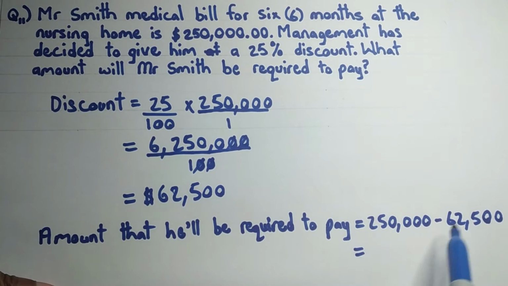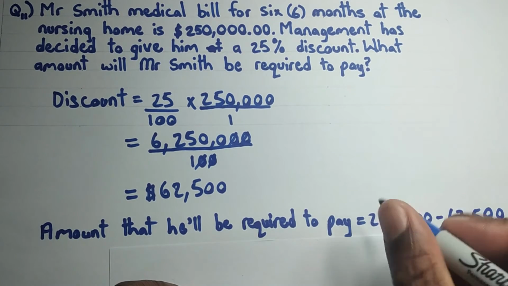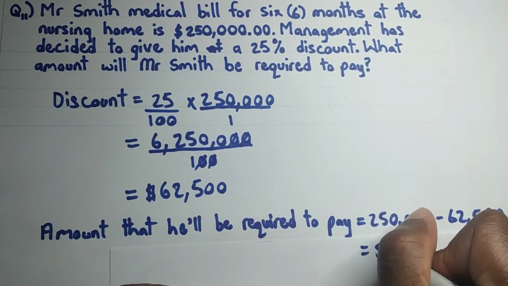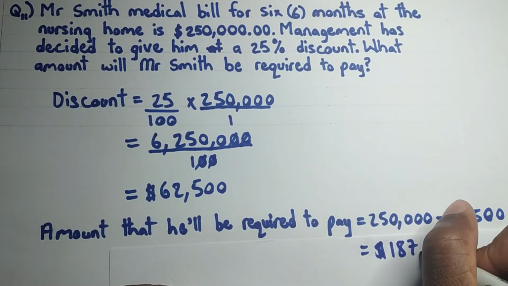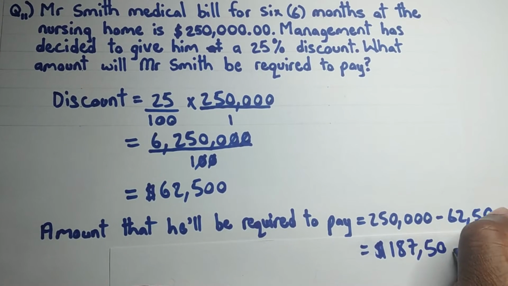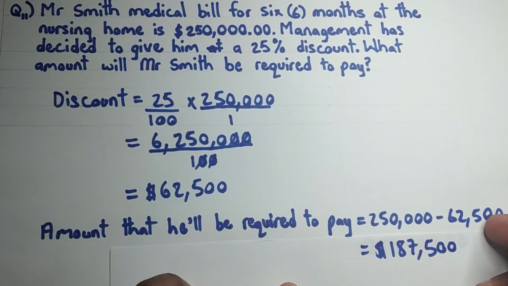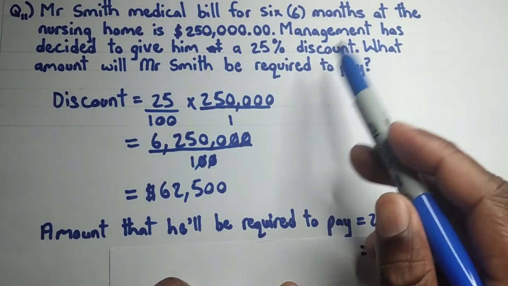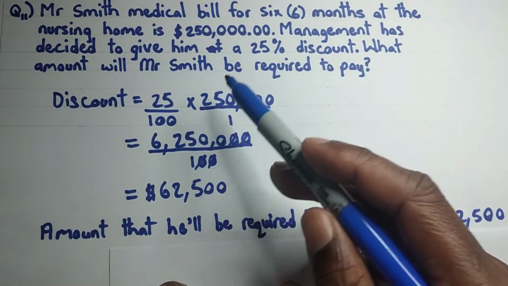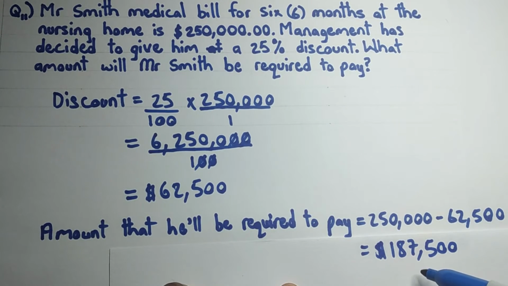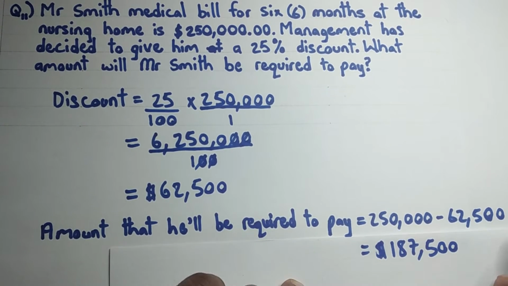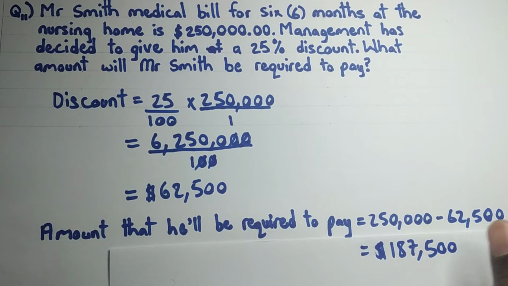If we subtract this, and again, you can use the calculator for this part, you will obtain $187,500 as your answer. So after Mr. Smith has been given the discount, he will be required to pay $187,500. And this is pretty much how you treat question 11.